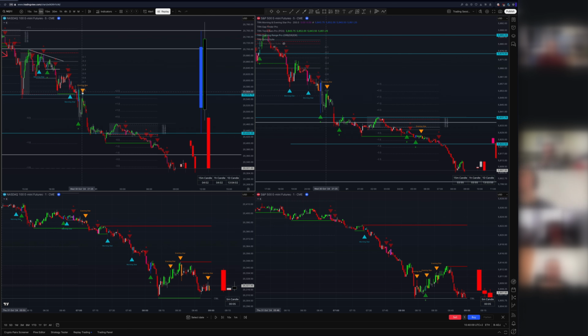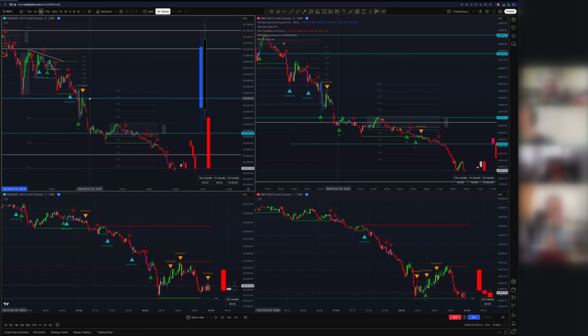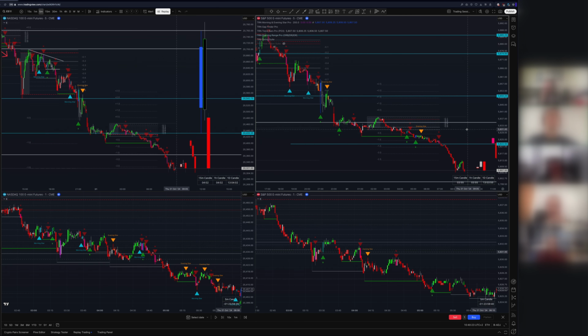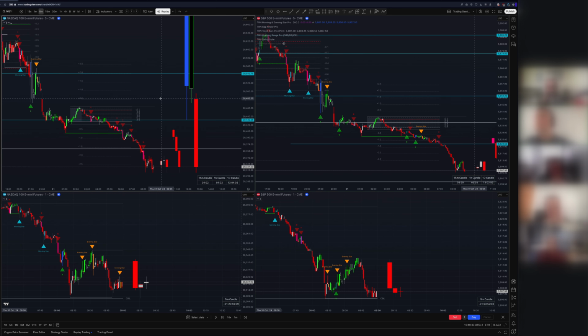New York close was around here. Let's do this somewhere where the blue line is. Could be interesting for whether there's a gap or not for the regular trading hours. Okay, let's start the session.